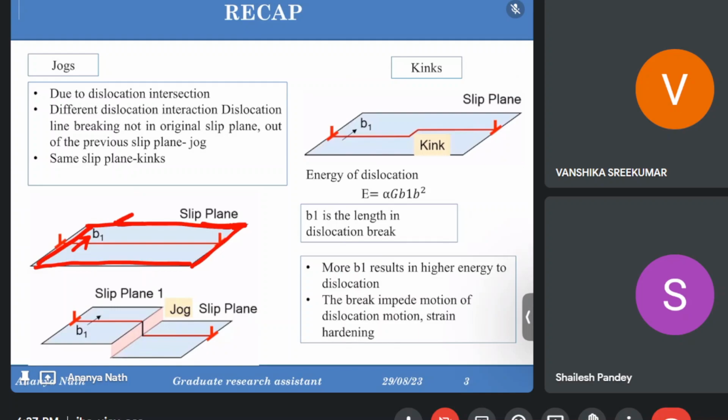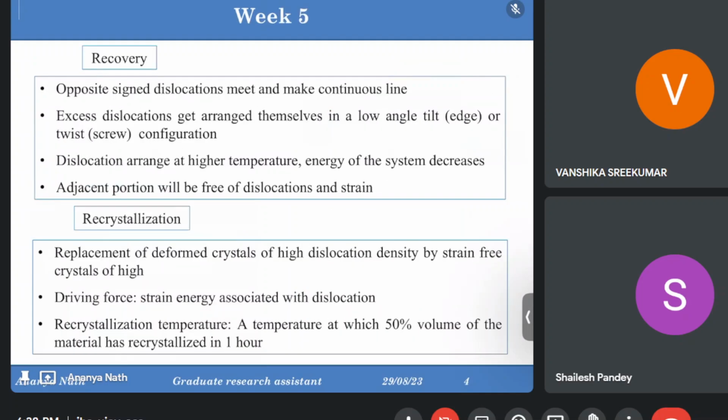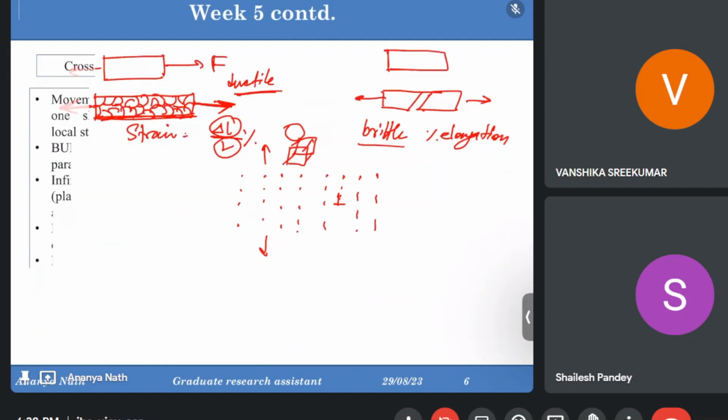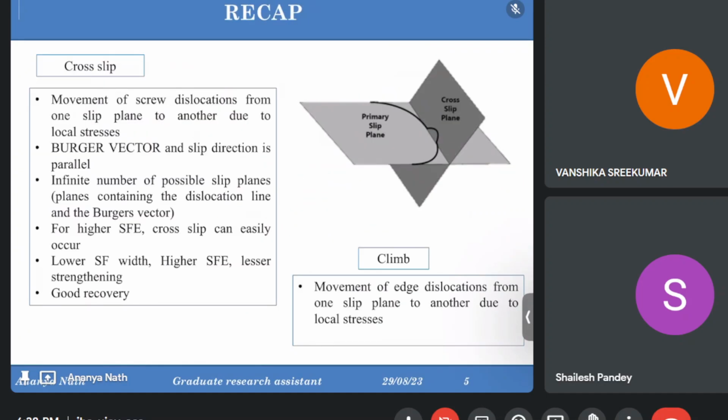Due to that interaction, there can be breakage in the dislocations. They can break into two or three parts and find another set of dislocations with opposite sign. They will tangle with each other and form a continuous line, so no dislocation will be left there.